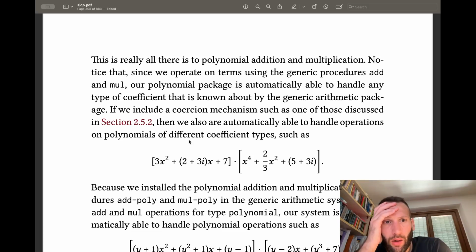This is really all there is to polynomial addition and multiplication. Notice that since we operate on terms using the generic procedures add and mul, our polynomial package is automatically able to handle any type of coefficient that is known about by the generic arithmetic package.